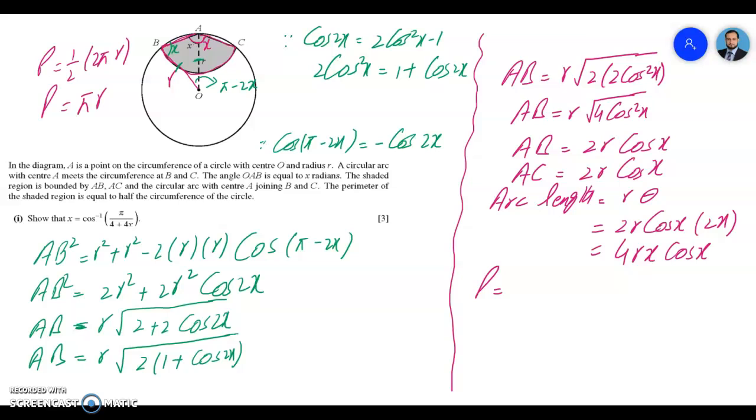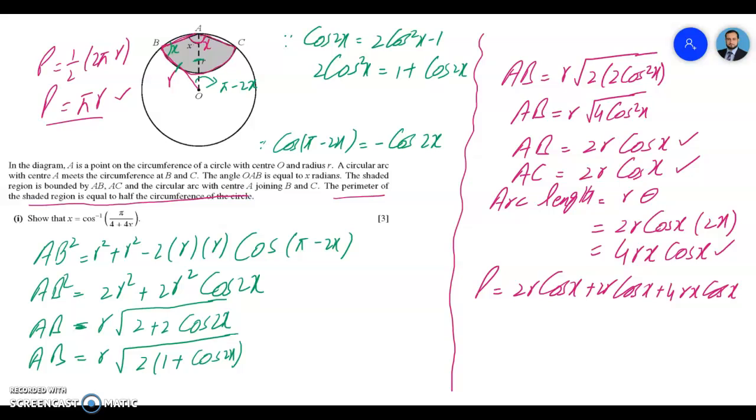Now the perimeter of the shaded region will be AB plus AC plus the arc length, that is 2r cos x plus 2r cos x plus 4rx cos x. As we remember, the perimeter of the shaded region is equal to half the circumference of the circle, so pi times r is equal to, if we simplify, 4r cos x plus 4rx cos x.